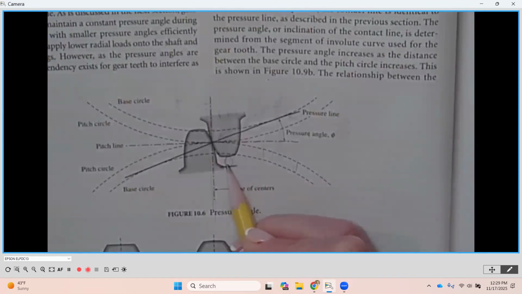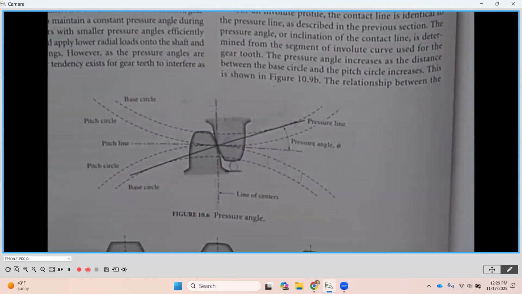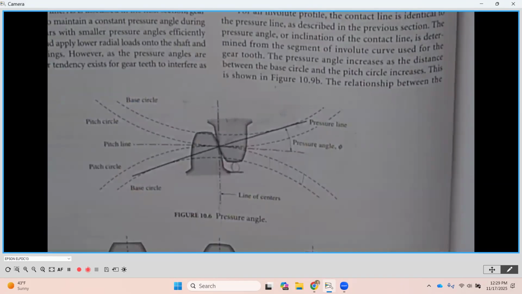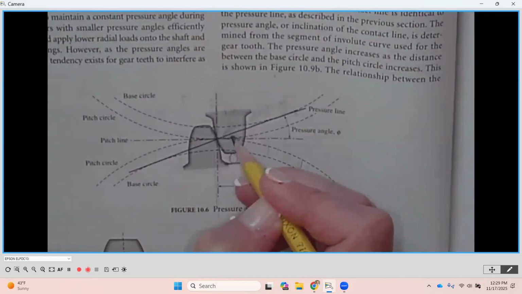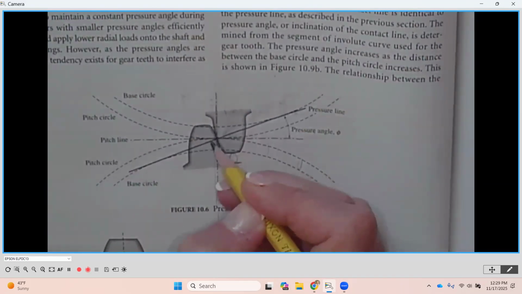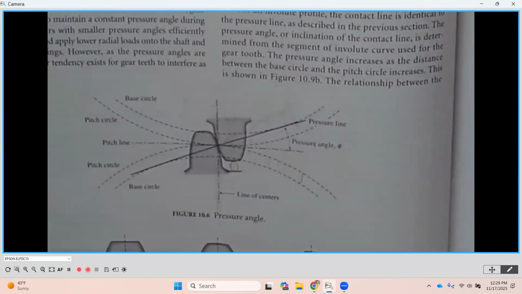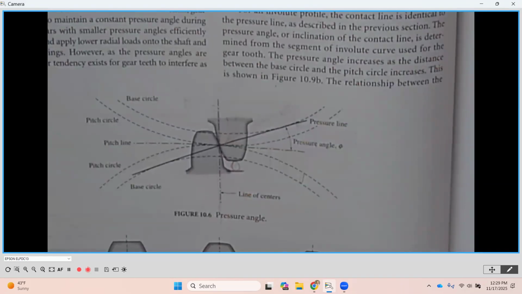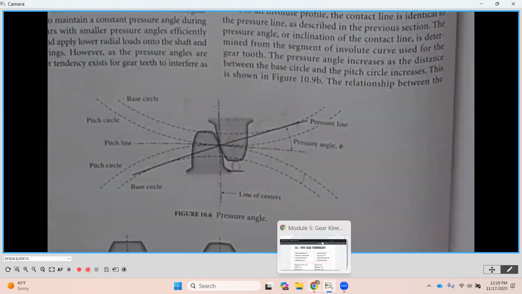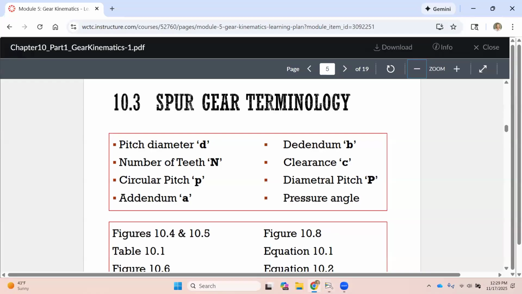This distance right here is the clearance. We have to have clearance between what would be the addendum and what would be the dedendum for the mating gear. Otherwise, if these touch, that's a problem. We've got interference and the gears wouldn't last very long. So clearance is an intentional amount of exactly that clearance so that the addendum and the dedendum don't interfere with one another.